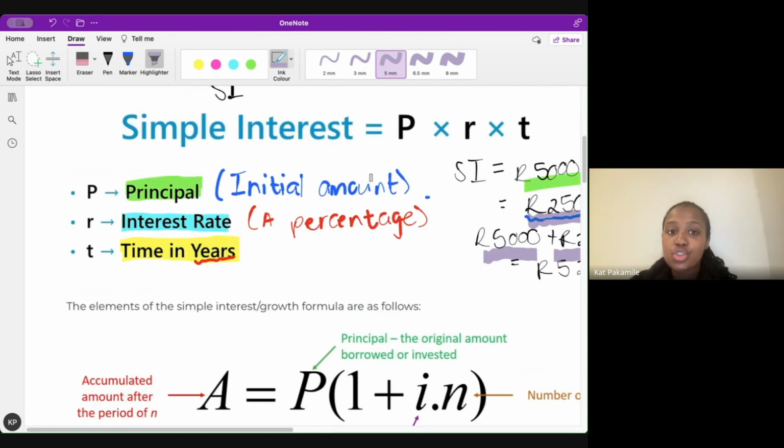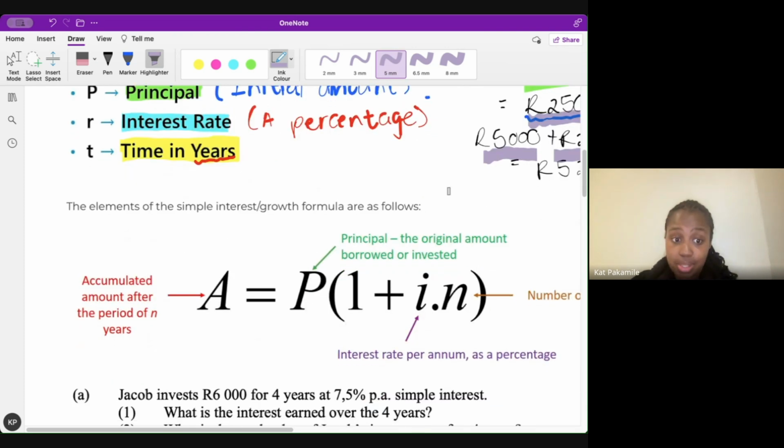Great. Now the second formula is if you do not want to go through the simple interest formula, let's say the question goes straight to how much do you have in the account. That's the second formula, which is this one over here. Now let's discuss what each of these mean in the new formula. A stands for accumulated amount. What does the word accumulated mean?